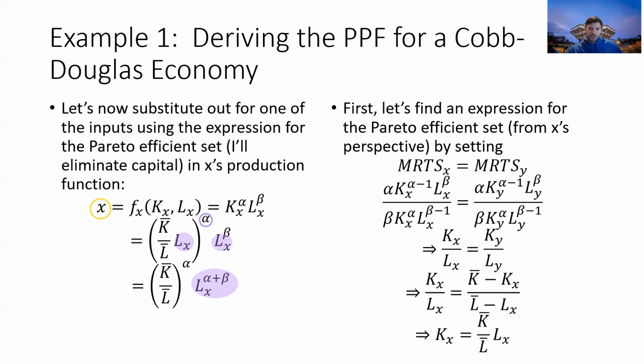And what this is going to do is let us in some regards invert the technology. That's what we're doing. We're inverting the technology after we plugged in the efficient value of capital. So all we have to do here is solve for LX.